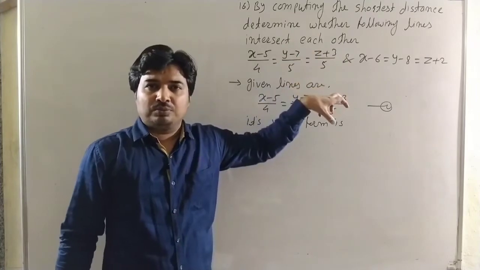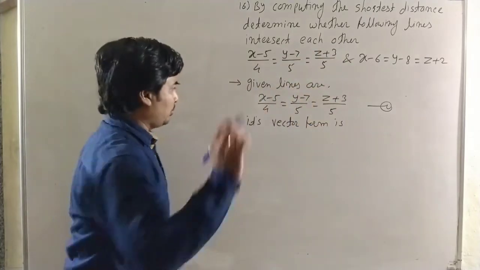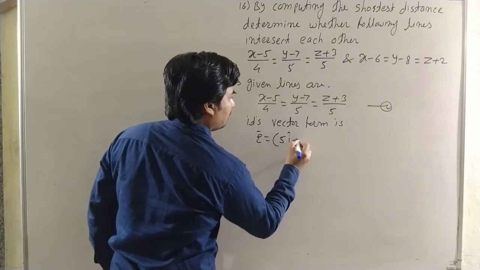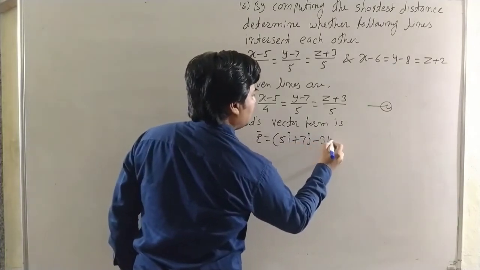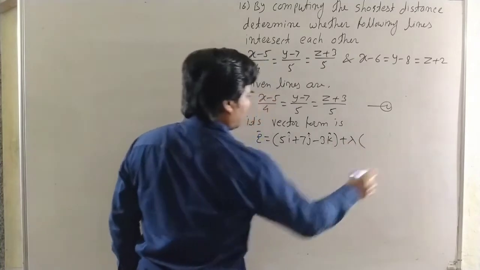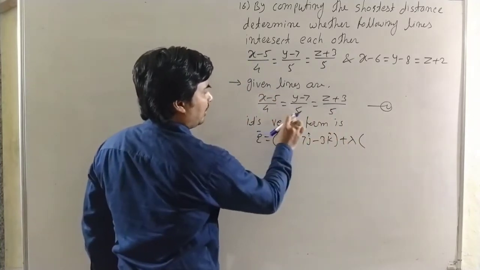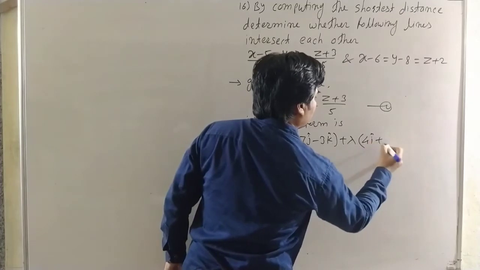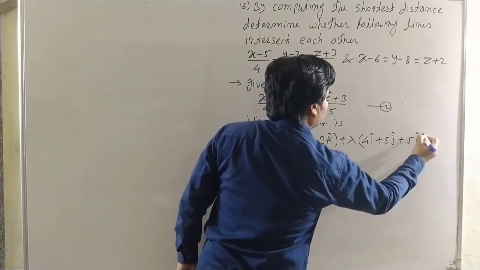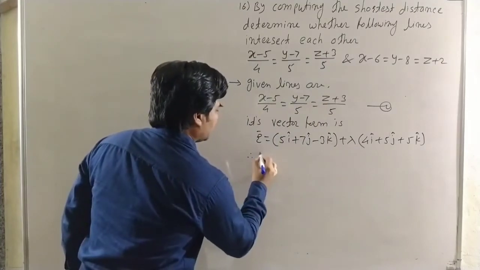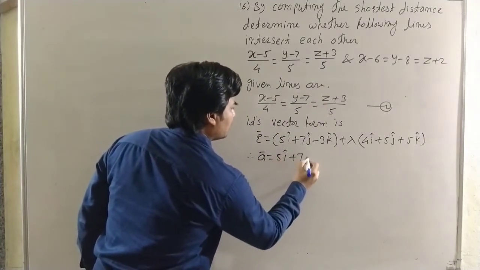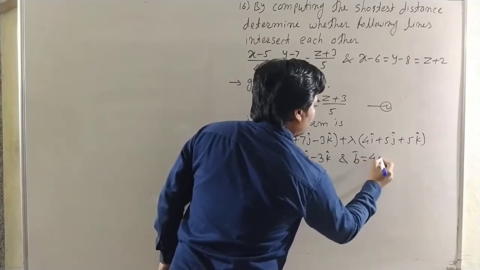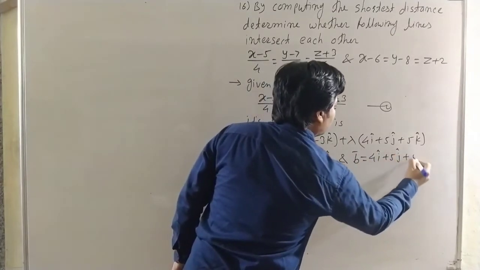Therefore its vector equation is r bar is equal to 5i cap plus 7j cap minus 3k cap plus lambda into the parallel vector, meaning the direction ratios 4, 5, 5, that is 4i cap plus 5j cap plus 5k cap. Therefore a bar is equal to 5i cap plus 7j cap minus 3k cap and b bar is equal to 4i cap plus 5j cap plus 5k cap.